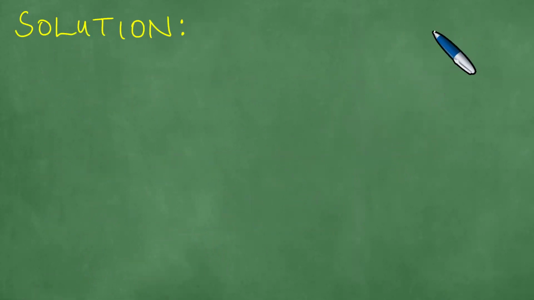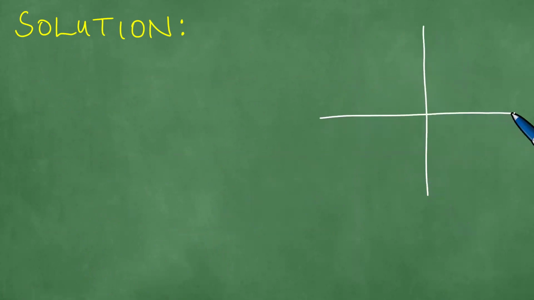To solve this question, we first draw a diagram. We draw this Cartesian plane as shown here. We mention the existence of a point P whose position vector is (3, 4).